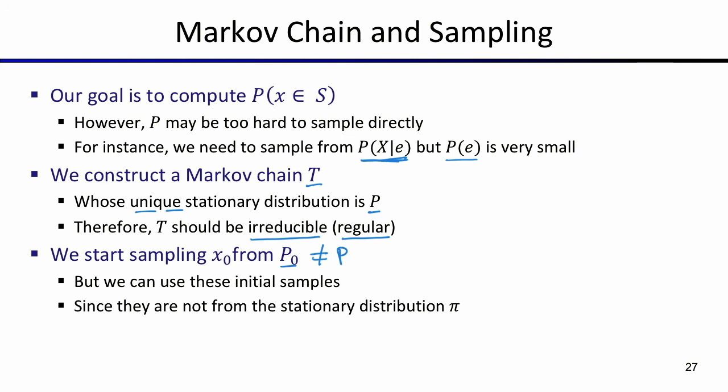We're going to start transitioning this Markov chain until it gets to the stationary distribution. And when we get to the stationary distribution that we called pi in the Markov chain lecture, we can start sampling from this distribution and building our database of samples.